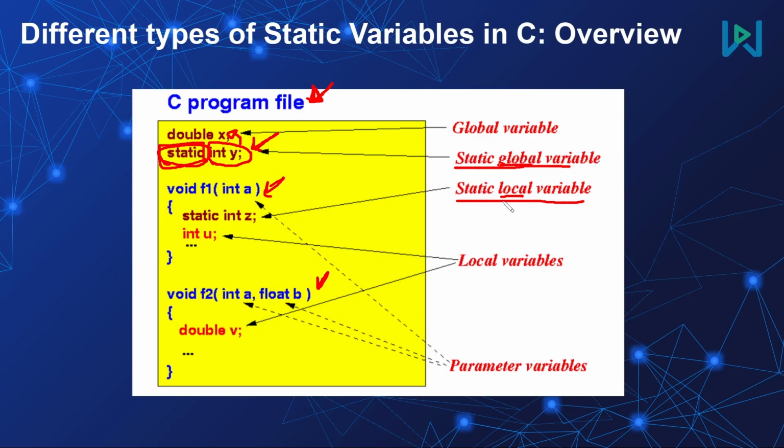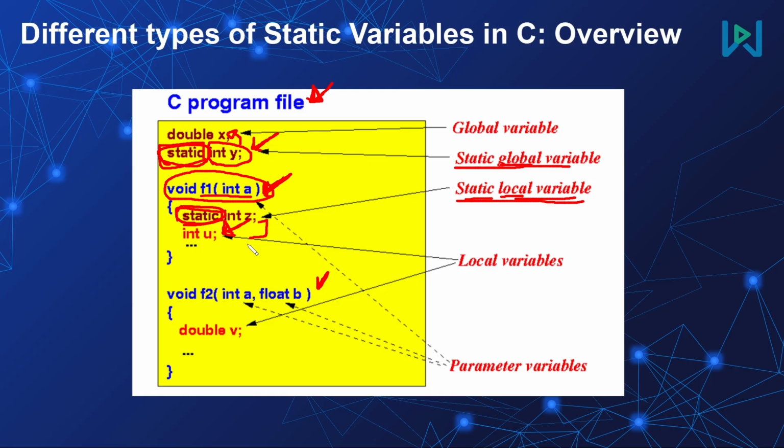On the other hand, a static local variable is quite similar to a normal C local variable that is declared within the scope of a function. However, it will be marked with this static type qualifier. So as you can see here, this one is just a C local variable that is used within the scope of this C function, but in addition has this static type qualifier.